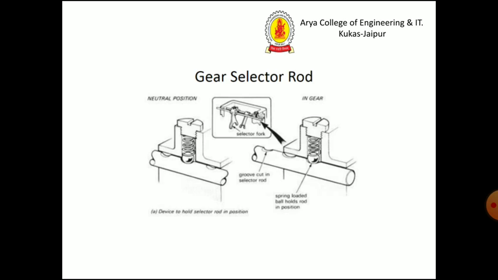On the gear selector rods there are grooves, so by sliding the selector rods with the help of the fork, the balls fix in the cut grooves to obtain the gear ratios and hold the selector rod in position.